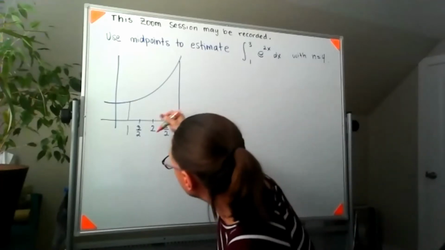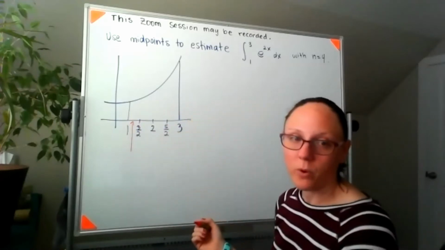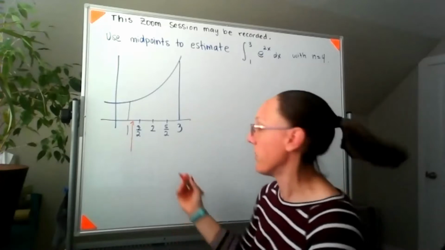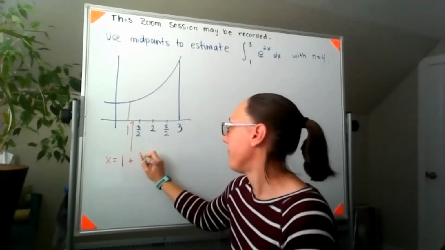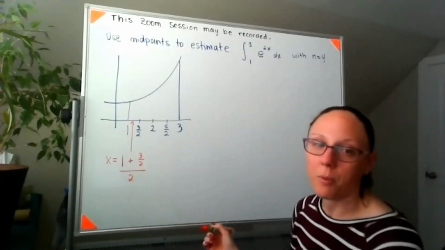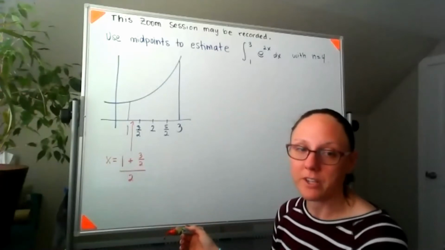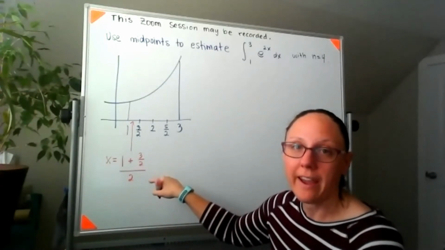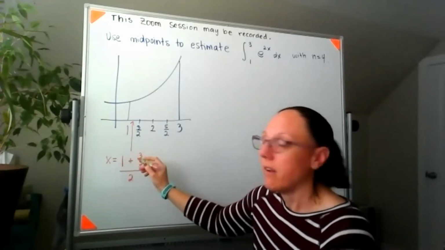So the midpoint here, the x value that we're going to plug in, is going to come from adding the two x values on either side of it and then dividing by 2. So 1 plus 3/2, that 1 I can think of as 2/2.